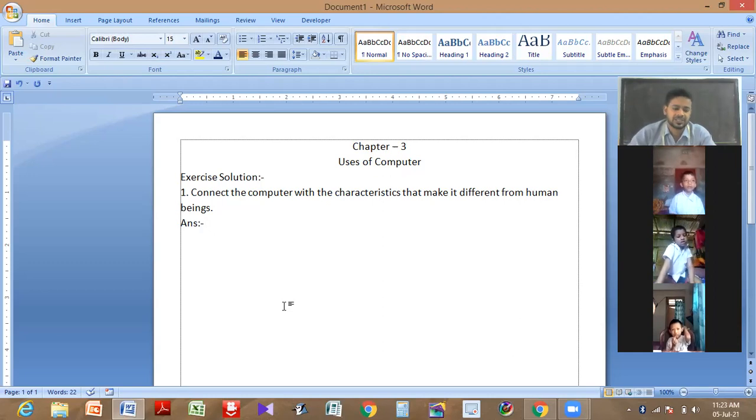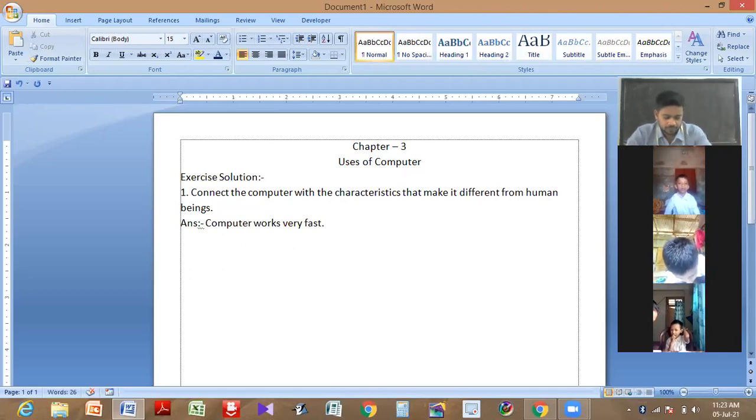So the first characteristic we write is: computer works very fast. Now number two, here number C in the book: it can store a large amount of information. Yes, a computer can store a large amount of information, and this is a striking characteristic of a computer, which makes it different from human beings.